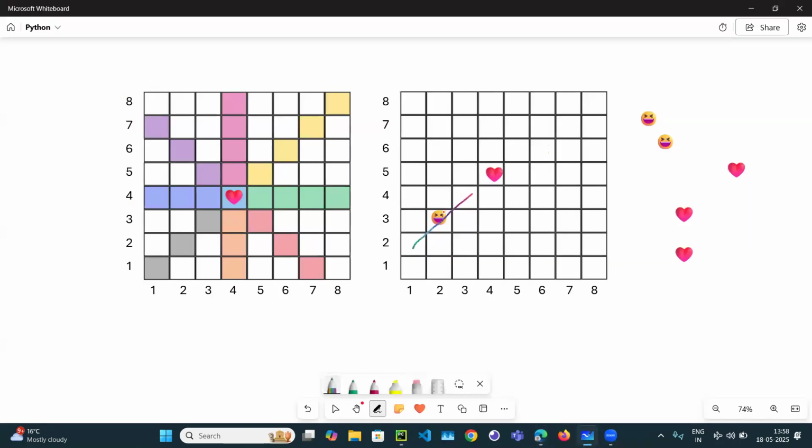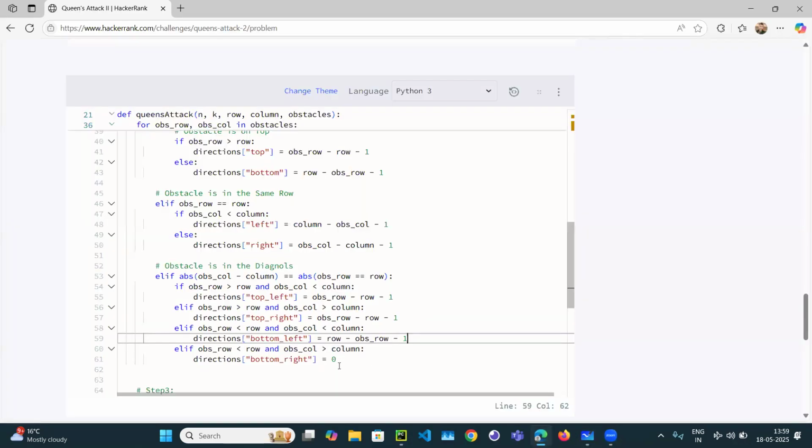Let's try another example, because maybe the formula was wrong. Let me put the obstacle here. Earlier it could attack 1, 2, 3, 4, 5, but now it should be 1, 2, 3. So 7 minus 3 is 4, minus 1 is 3. So 1, 2, 3. The answer is correct.